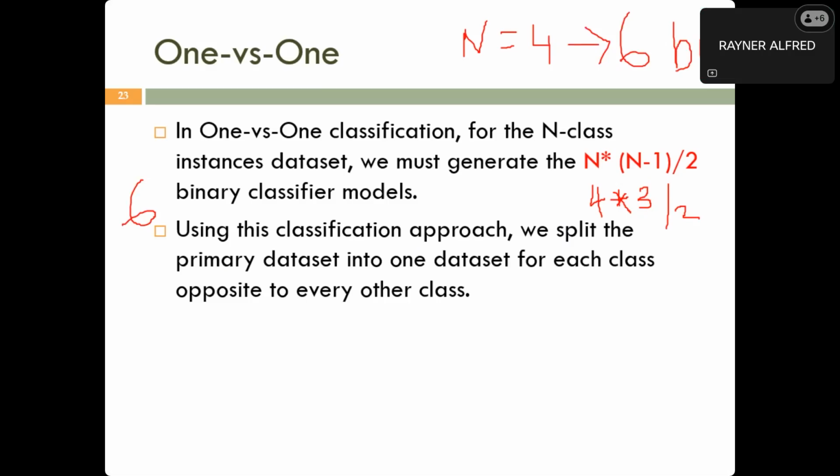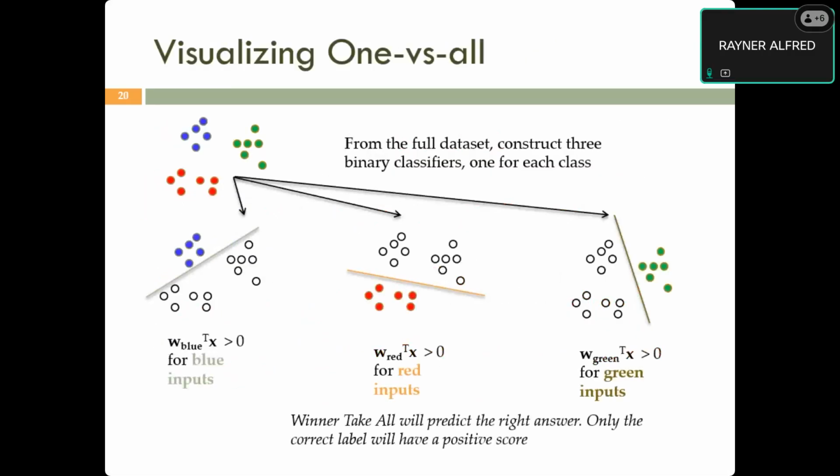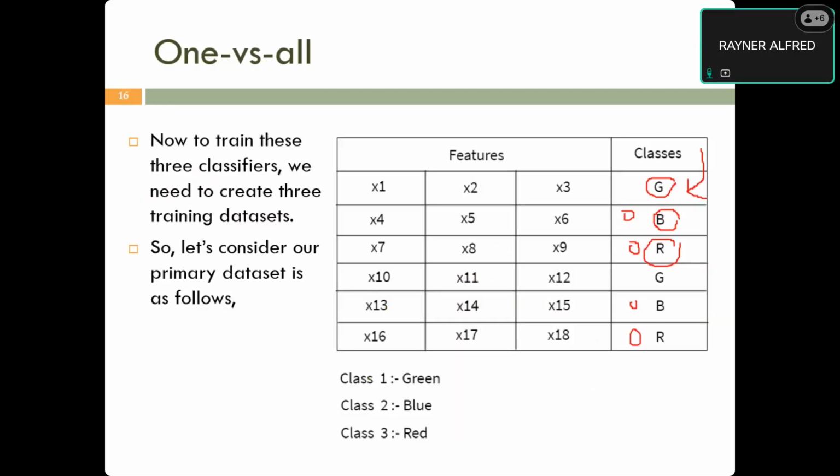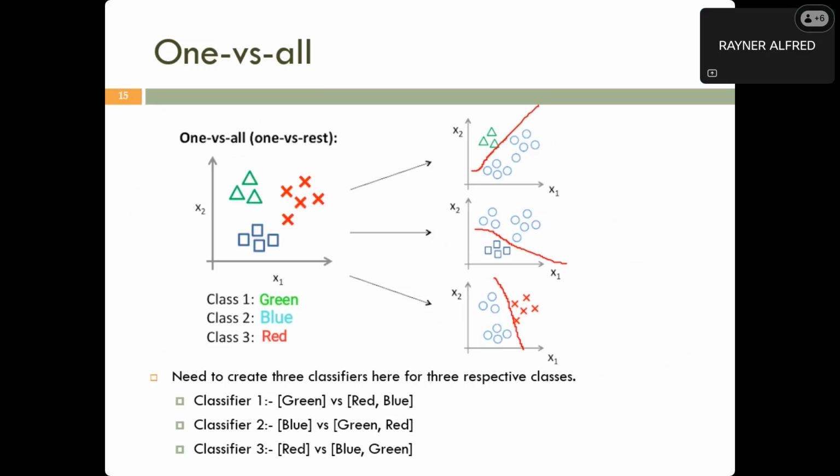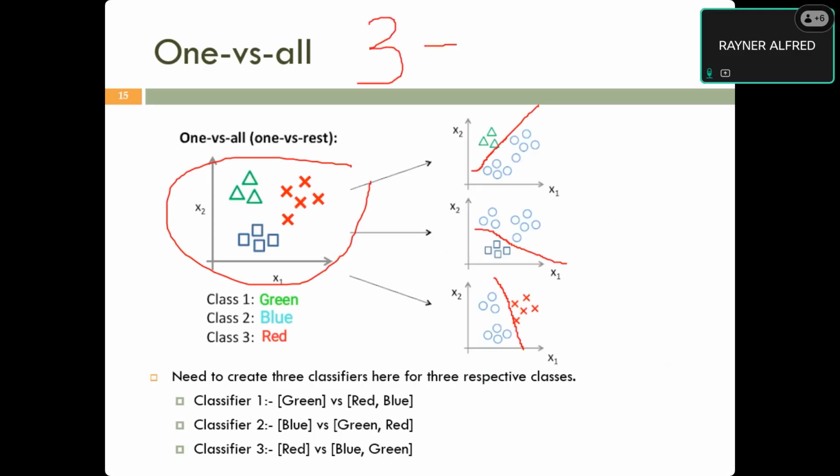Going back to here, how many classes do we have? 3. How many binary classifiers here? This is considered one binary classifier because it separates positive and negative. So this is one, this is the second one, this is the third one.